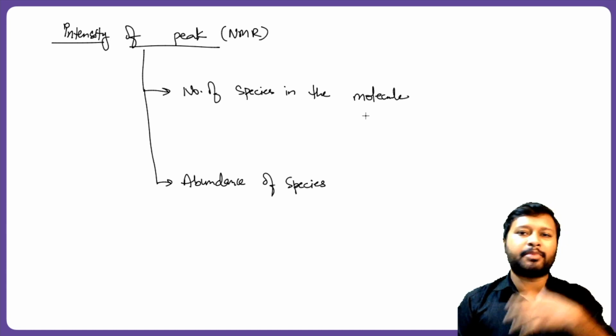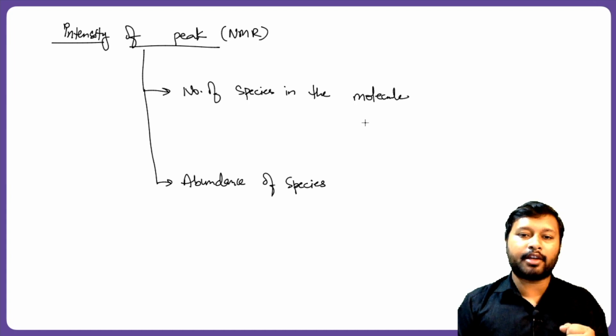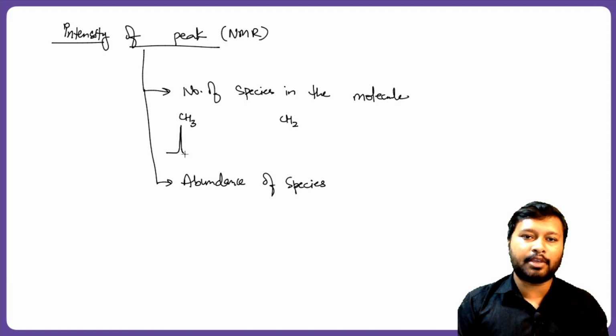Number of species you might have seen in organic NMR spectroscopy, where if there is a peak emerging because of a methyl group and a peak emerging because of a CH2 group, the intensity or height of the methyl peak is going to be more than the height of the CH2 peak.